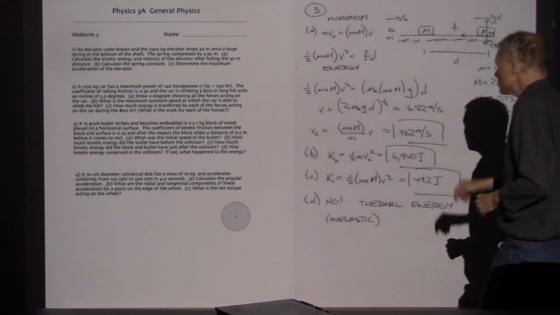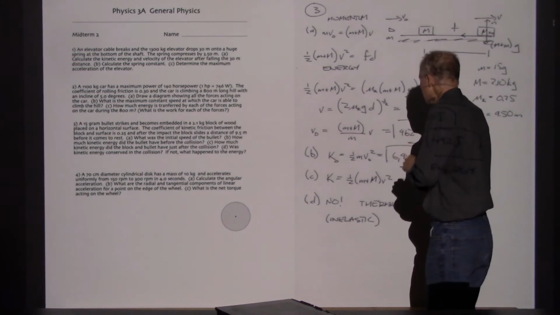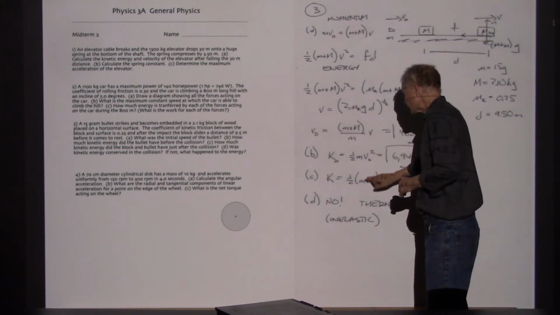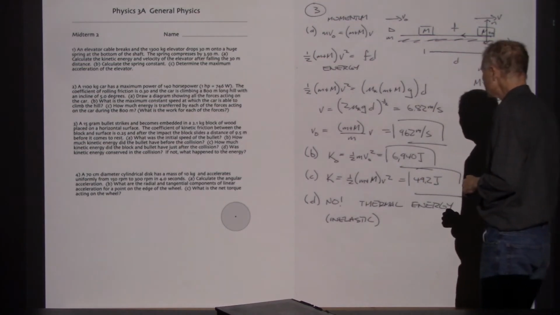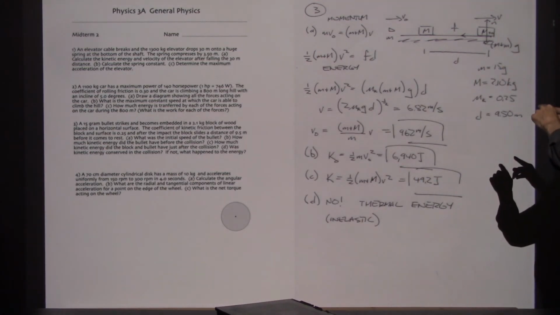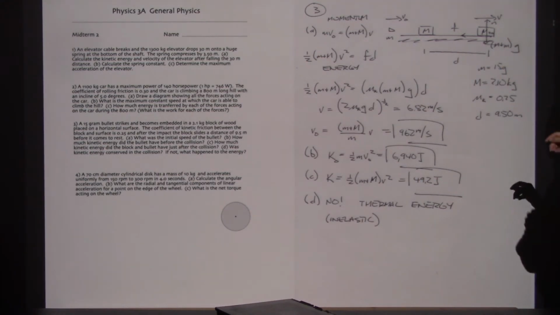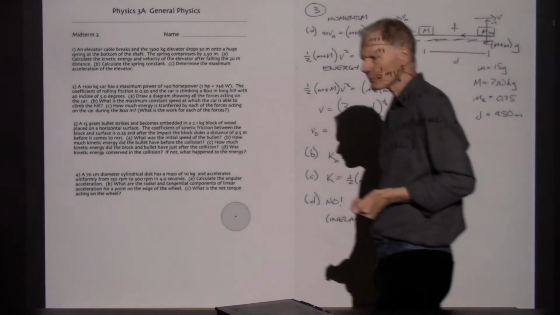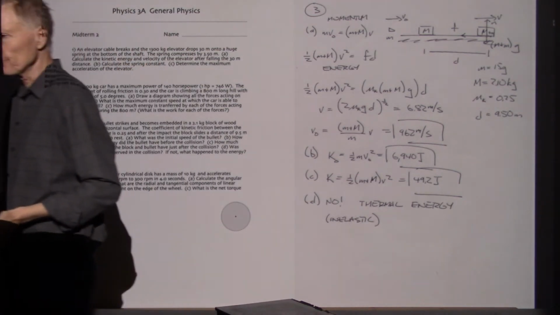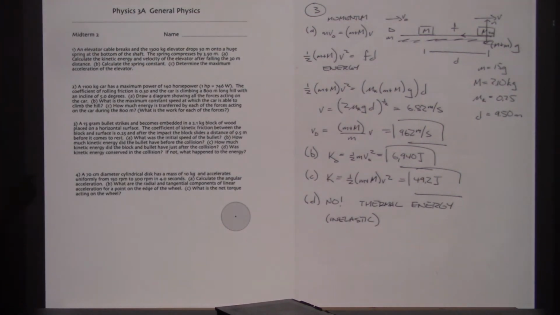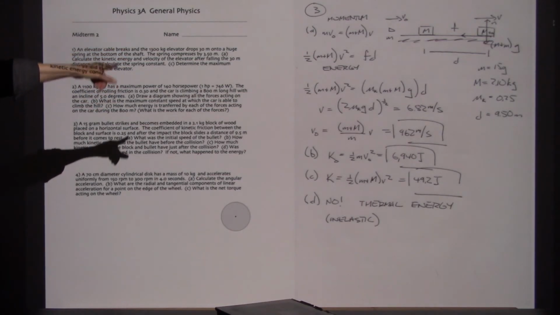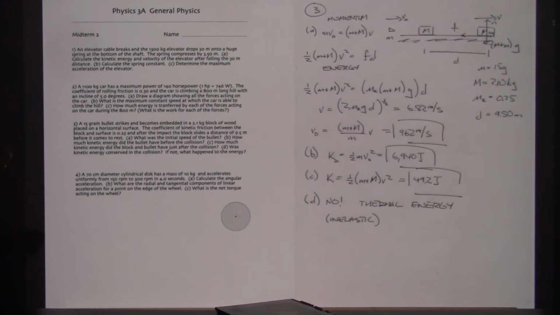Now following up with B and C and D, these are all energy questions. As we were saying before, the energy that the projectile, the bullet, has before the collision is 1/2 m v naught squared. And I know all those numbers now. I know the mass, which needs to get converted to kilograms, and I know the V naught.